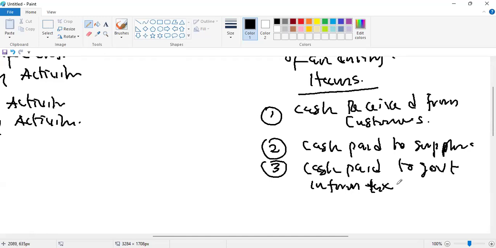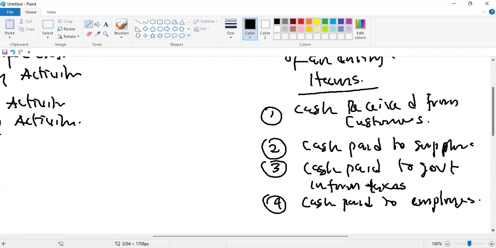That is another level. Four, cash paid to employees in form of salaries and wages, cash received for service, cash paid for service, commission received. They're all under operating activities.